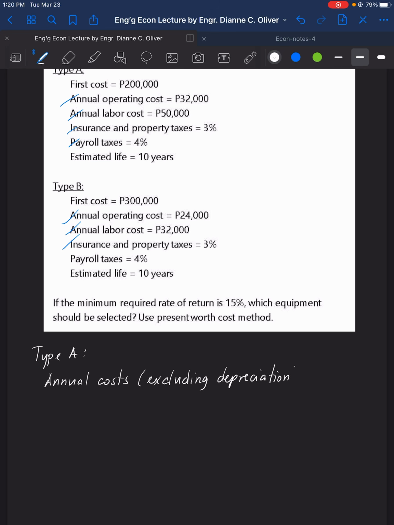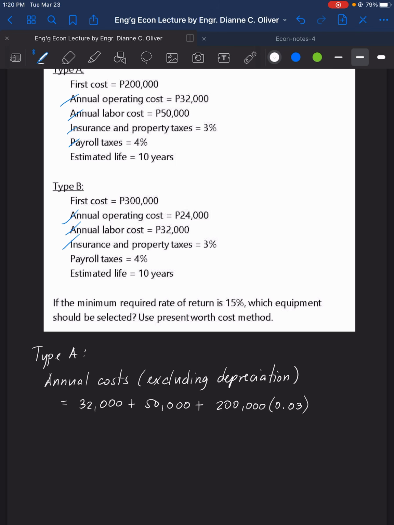So we have the annual operating cost of 32,000 plus the 50,000 labor cost plus the insurance and property taxes. To what will you apply the 3% for the insurance and property taxes? It will be on the first cost, investment. So that is 200,000 times 0.03.